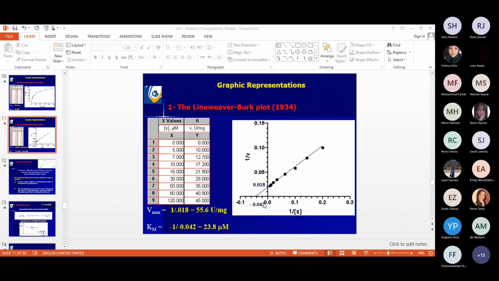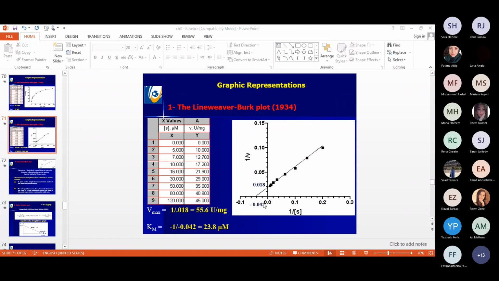Which one is the Michaelis-Menten plot graph? Farah. If we plot the concentration of substrate on the x-axis with the velocity on the y-axis, it's v as a function of s. Yes, v as a function of s.